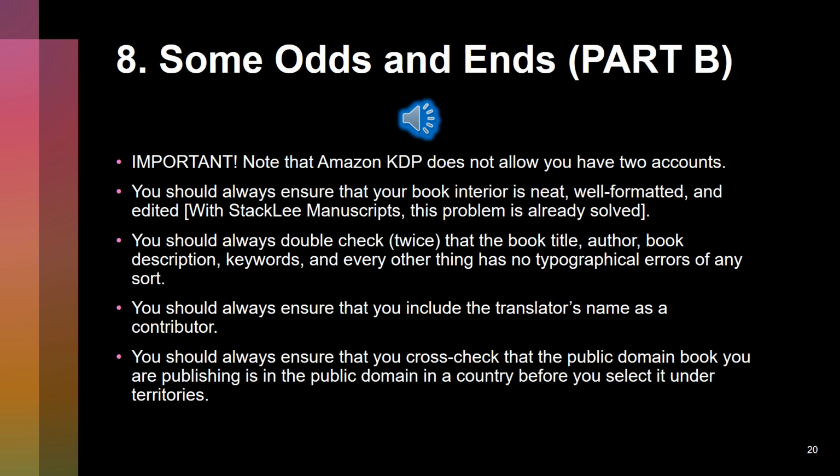If there's a translator, it will be written in the book. Then always ensure that you cross-check that the public domain book you are publishing is in the public domain in the country that you are choosing before you select the territory. Okay? All right. It's all easy. With the internet, it's very easy to check these things.